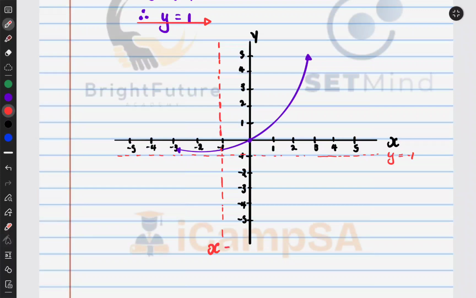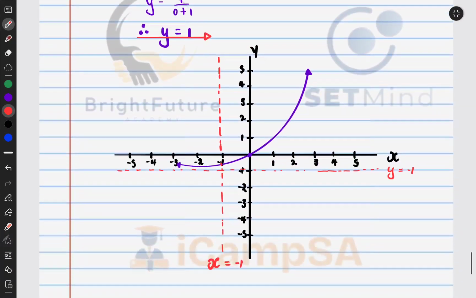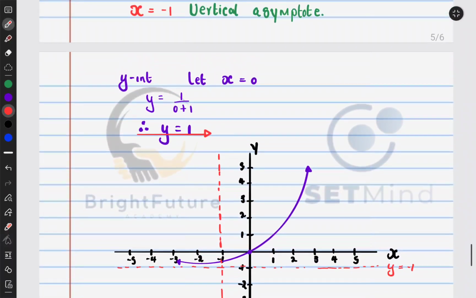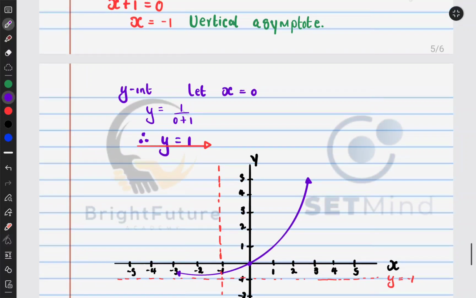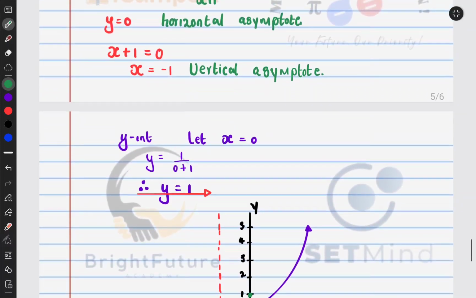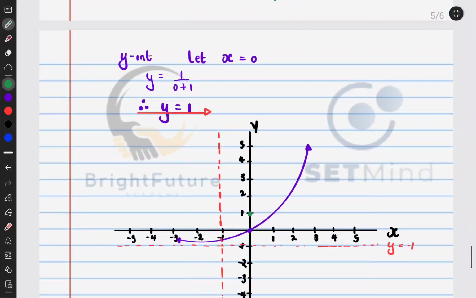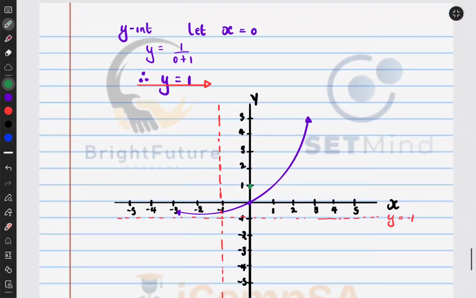Do we have any intercepts? We have the y-intercept at 1 here. And then the x-axis, where y is equal to 0, is the horizontal asymptote. So the function doesn't touch the x-axis.